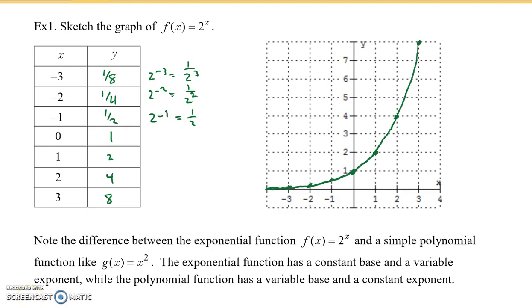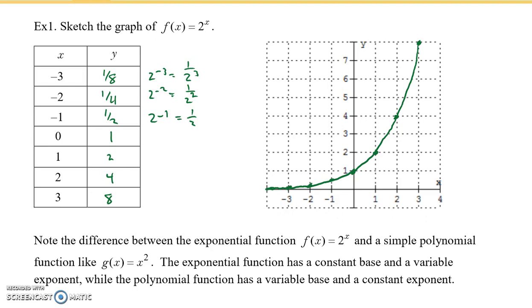And I just paused the video and connected the points with a smooth curve, which would be indicated if we plotted additional points in between the ones that we already plotted. And we're not taking into consideration how we would interpret 2 to various in-between values of x, such as 2 to the 1/2. Well, for example, 2 to the 1/2 would be the square root of 2.